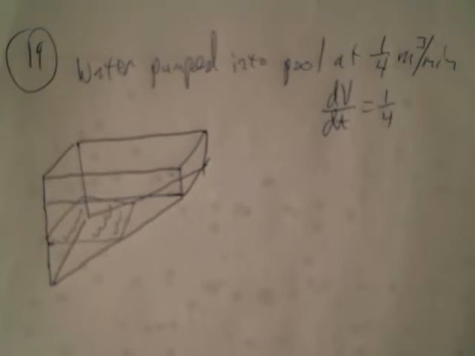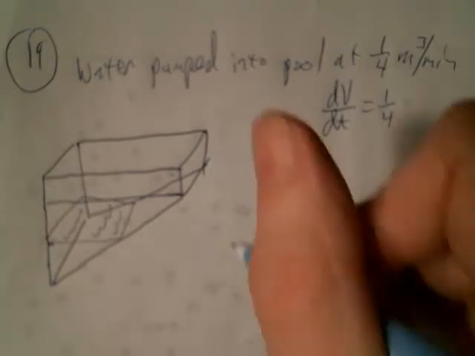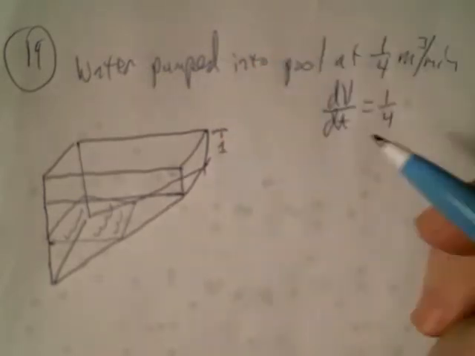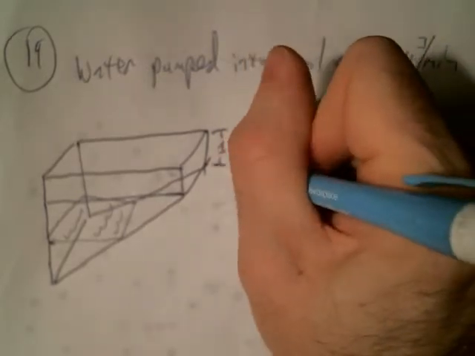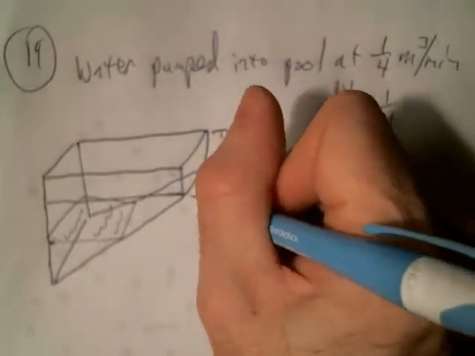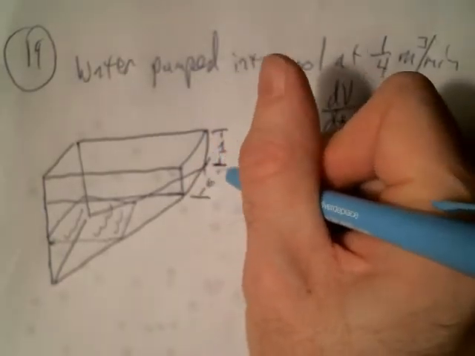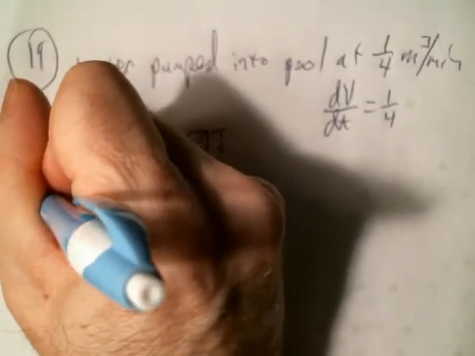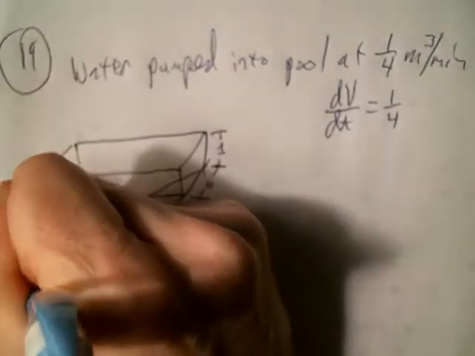So what? They give you some information. They're telling you this dimension here is 1 meter. This dimension here is 6 meters. And this depth here is 3 meters.